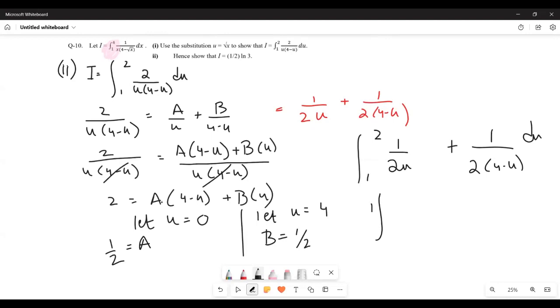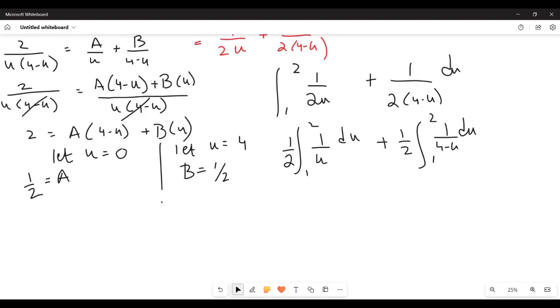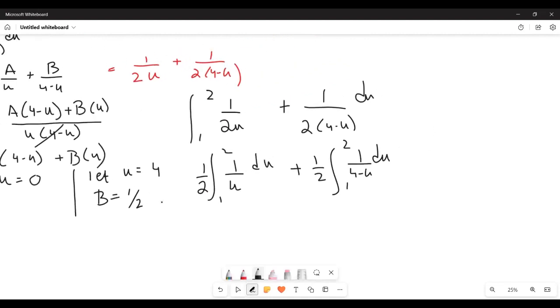I'm going to bring out the coefficient, which is half, plus another half, integration from 1 to 2 of 1/(4 - u). Now we have simple linear functions in the denominator, and we may have the derivative in the numerator as well.